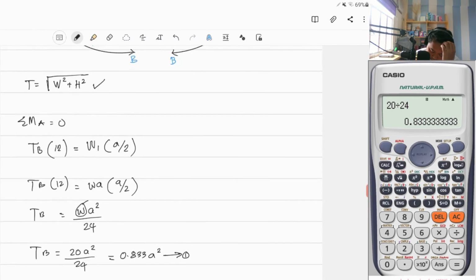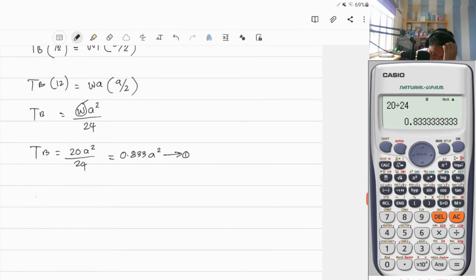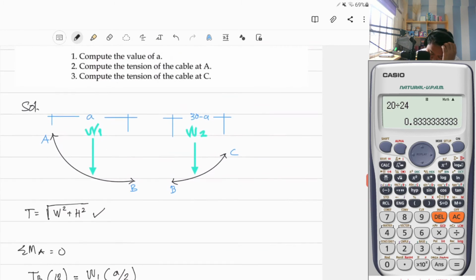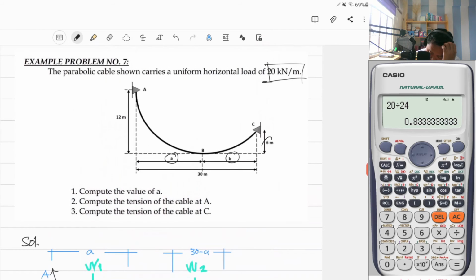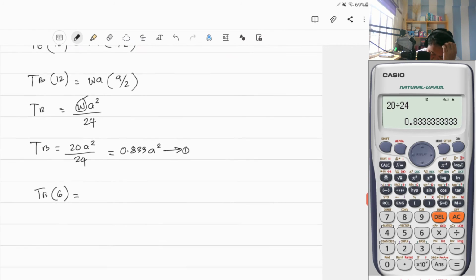In the figure at the right, the segment at the right, we have also TB times the moment arm 6. Now because we have 6 here, this equals the horizontal also, which is W2 times its moment arm, or B over 2, which is 30 minus A over 2.